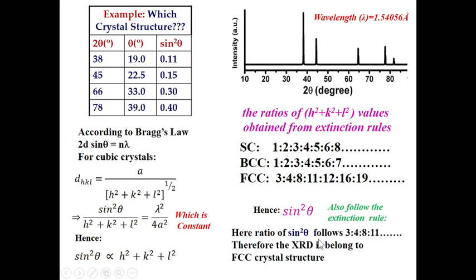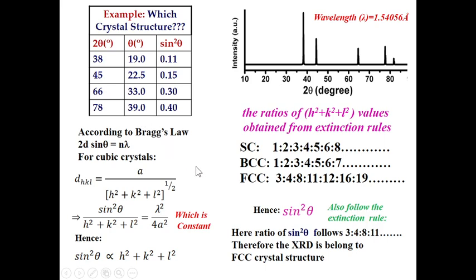Here the ratio of sin square theta, for this example, follows 3:4:8:11. Therefore the XRD peaks we have considered belong to the FCC crystal structure. In this way we can determine the lattice structure from the XRD pattern.